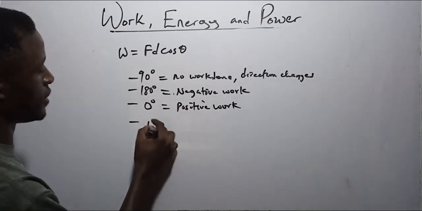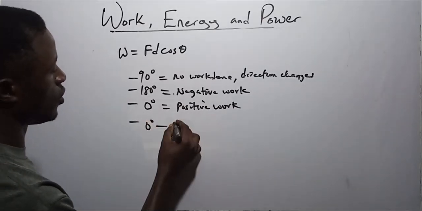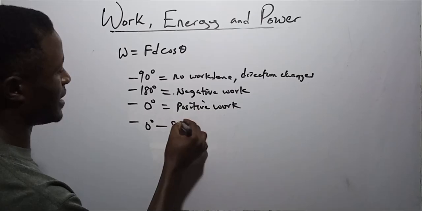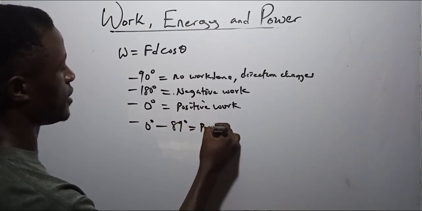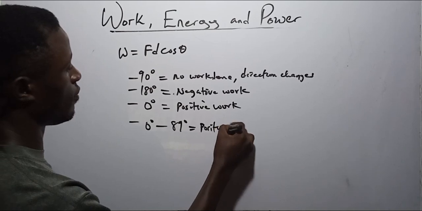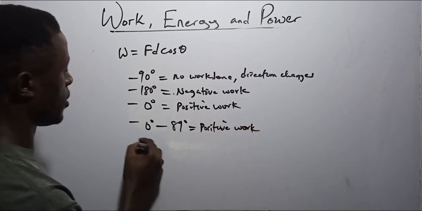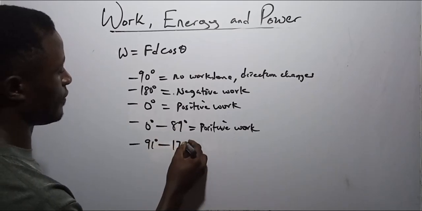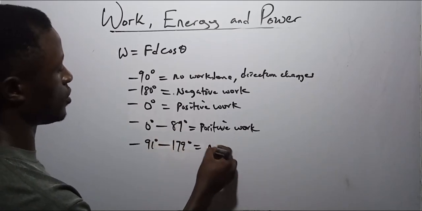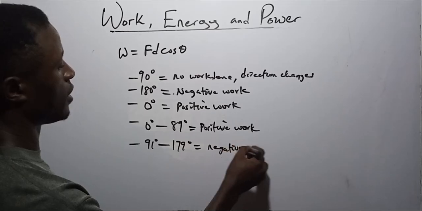Also, if it is from 0 degrees to 89 degrees, that is still positive work. But if it is from 91 degrees to 179 degrees, this is also negative work.